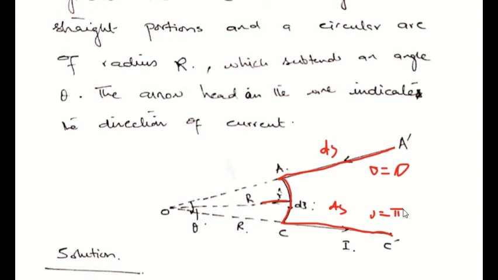So sine of 0 and sine of pi will give us 0. So these two segments are not contributing to the magnetic field. The contributing part will be this arc AC over here.